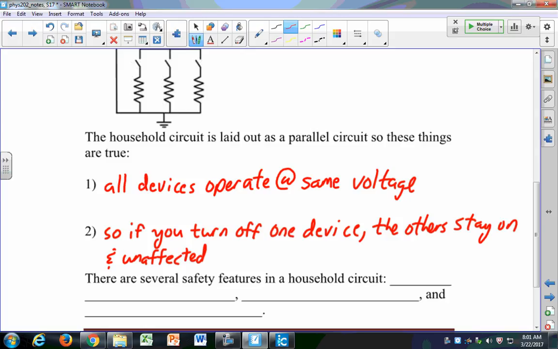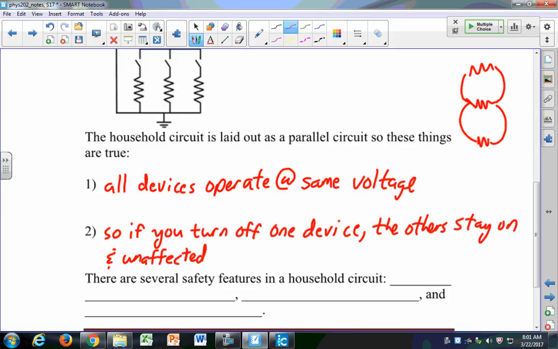Let me draw that last outlet. It's a resistor. It has 2 wires, and then it goes to the other resistor right there, and 2 wires, and a resistor, and a resistor, and then a light, and then a switch. So I have this sort of daisy chain type thing, but it's actually going to be laid out in a parallel circuit. So your entire house is laid out as multiple parallel circuits. Each individual circuit is parallel, and then you'll have multiples of those circuits.